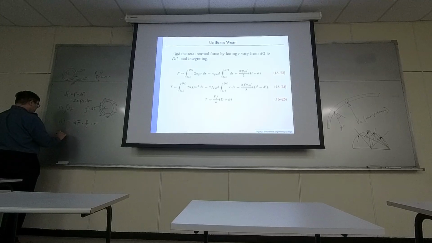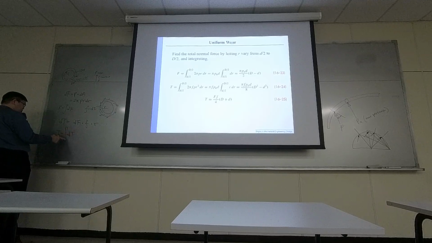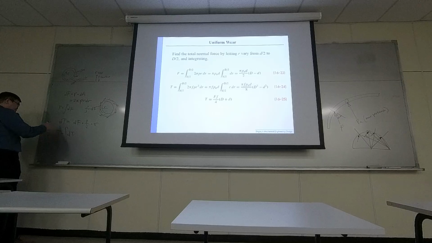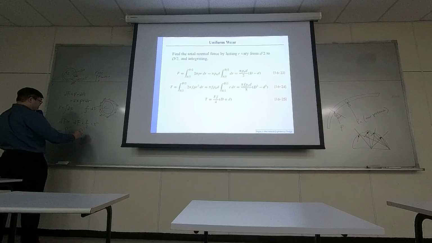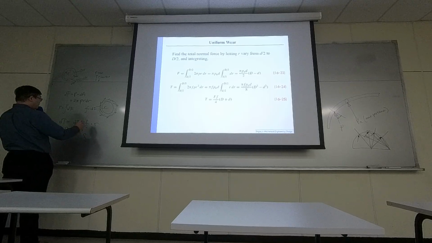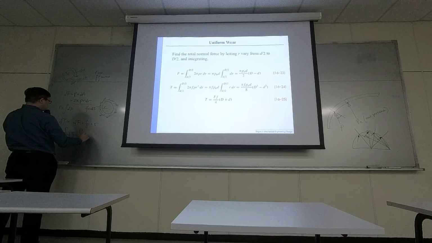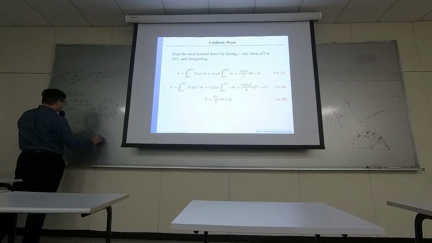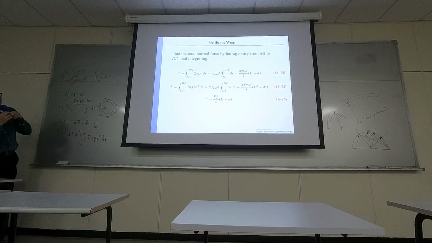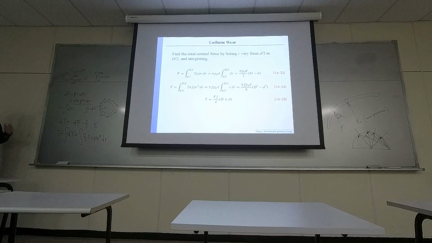So total torque equals the integral of dT, and at the end you will have the friction coefficient times dF. dF is right here, so 2 pi p, and here's another r, so r squared dr. So 2 pi f p r squared dr. F is the total force applied to the entire disc.